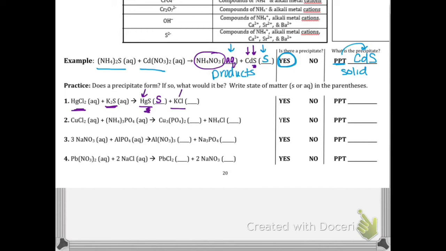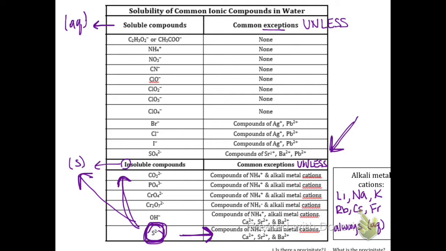Next, you're going to look at this compound, potassium chloride, and you generally look at the second part here, Cl. Where is chlorine on this chart? Chlorine is here on the chart. Chlorine is always aqueous, always soluble, unless it's attached to one of these, a silver or a lead.